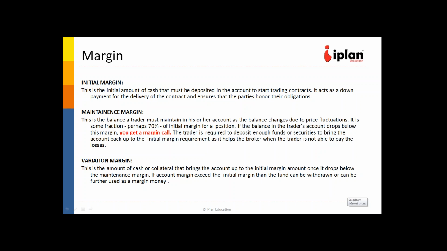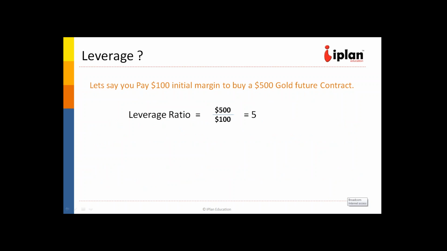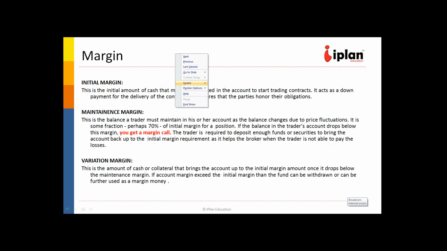Let's suppose we have seen that the copper contract required around 5% margin, so that was around 18,000 rupees. It says there has to be 70% as your maintenance margin, or let's say for the sake of easy calculation, make it 80% of the initial margin.